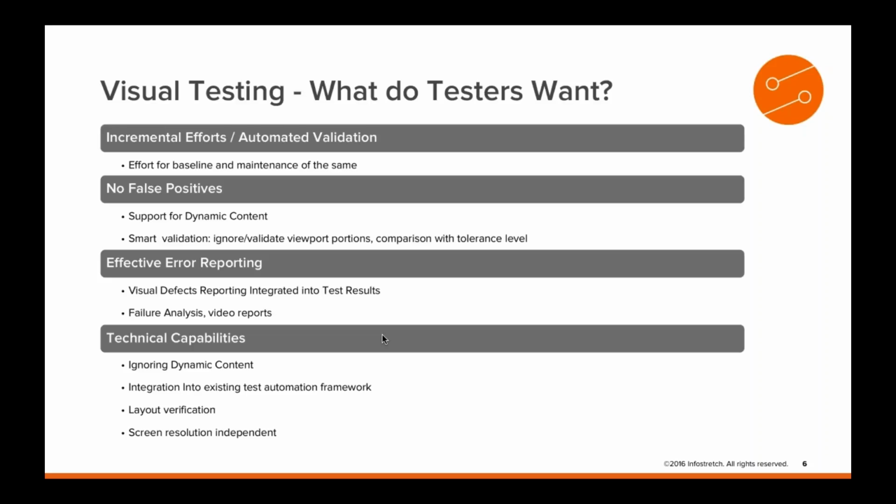You also want very effective error reporting, integrated and ingrained in your normal test reporting so that you don't have to go to two places, right? And it gives you drill-down capability and decision-making capabilities around what the failure is and quickly points it out, right?